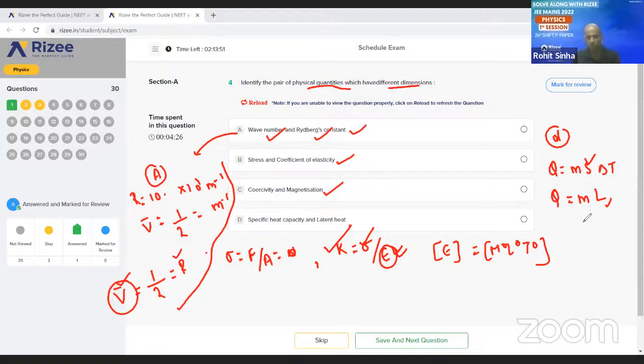S will be Q by m delta T, but L will be Q by m. So the dimension of specific heat capacity and latent heat will be different. Got it? So the dimensions will be different for these two physical quantities.